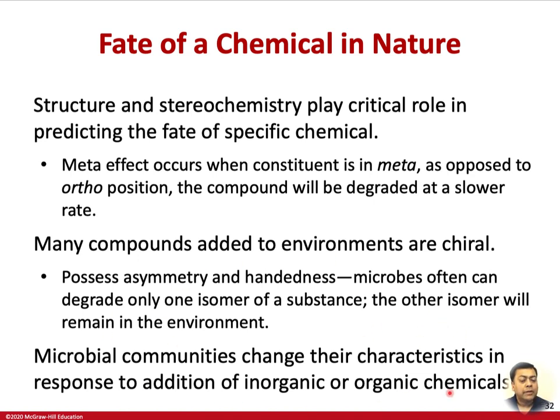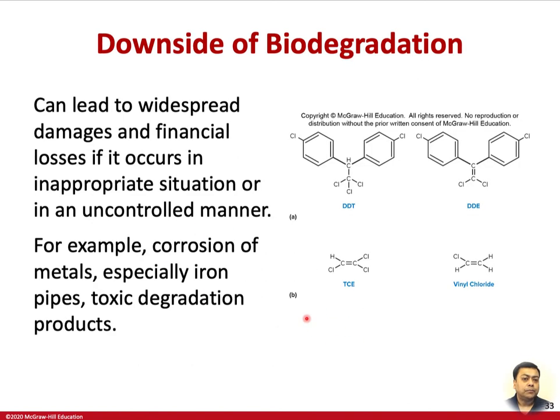But also, as with the ortho and meta, if you're using a particular compound in the environment, the ecology in that area changes, and the microbes can degrade that chemical in nature much faster, losing its effectiveness. So you have to find a fine balance for that.